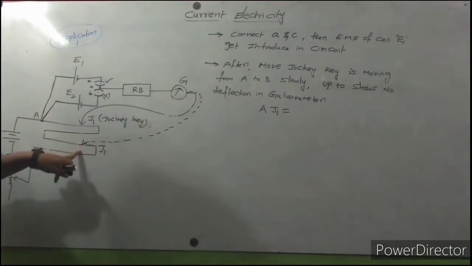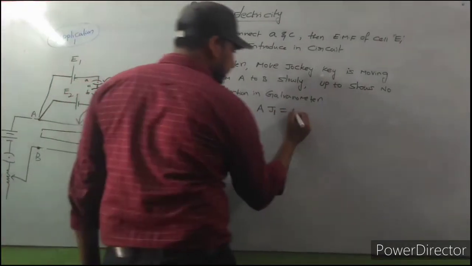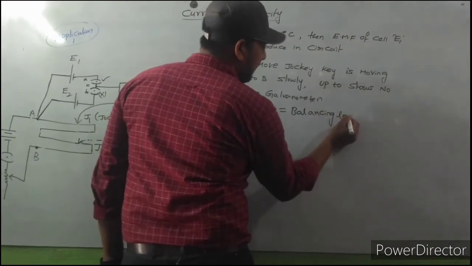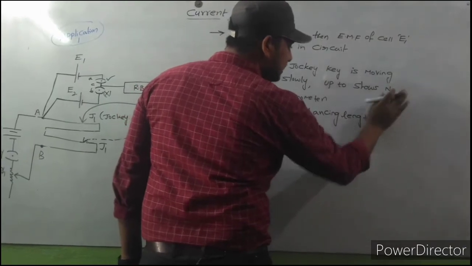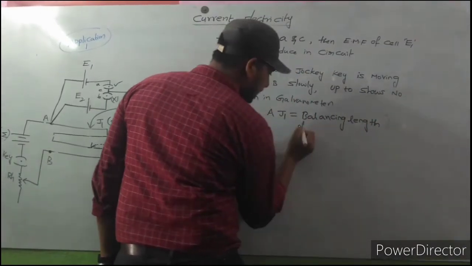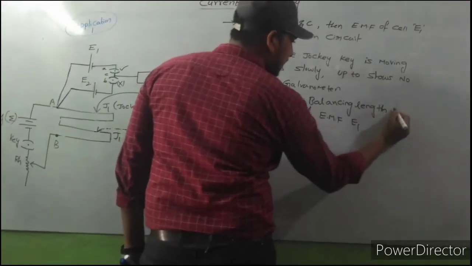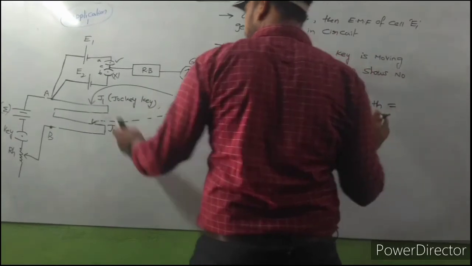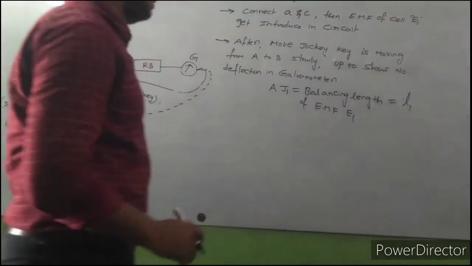No deflection in the galvanometer means that AJ1 is nothing but the balancing length of EMF E1. AJ1 is equal to some length L1, I consider.